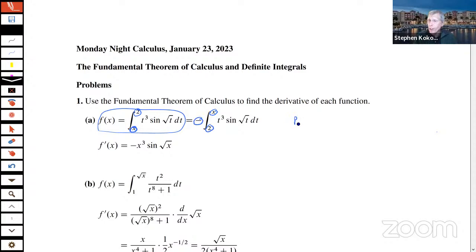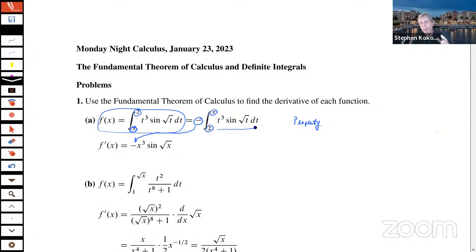The reason that we can do that is a property of definite integrals, which is if we reverse the bounds, we have to put a negative sign out there in front of the definite integral. Well, now we'll just carry down this negative sign. And here is a very straightforward application of the fundamental theorem of calculus part one.